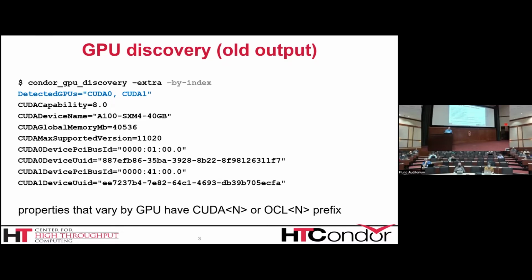In this case, the GPU capability is a number that NVIDIA has defined, the device name, the global memory. All of this is information we get by querying originally the CUDA libraries. More recently, we use the driver library because the CUDA libraries are not necessarily in the path most of the time these days.